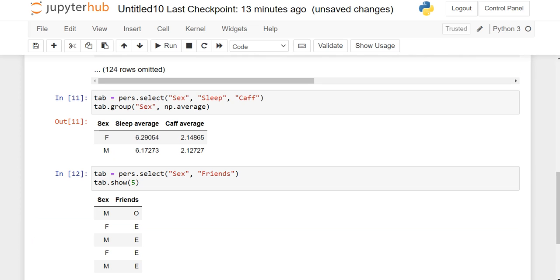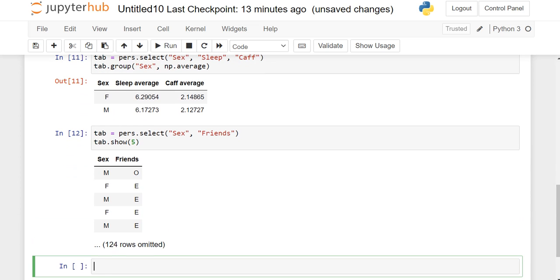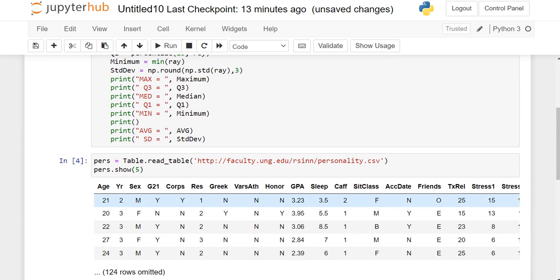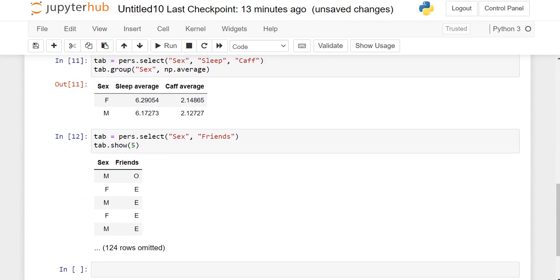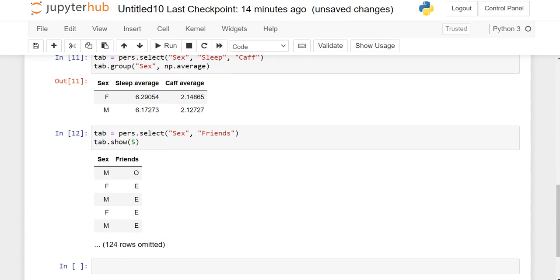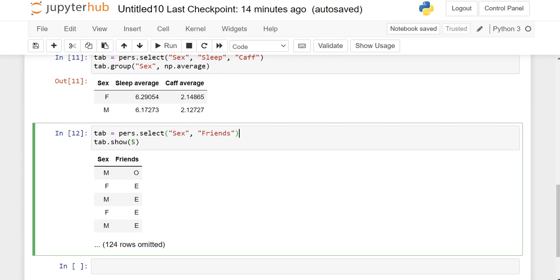Again, the reason I'm using show5 is because these tables can take up a whole lot of room. So if I do show5, it limits the amount of room vertically that's being taken up just showing the table. But 5 is usually enough to give us an idea of what kind of variables we have.